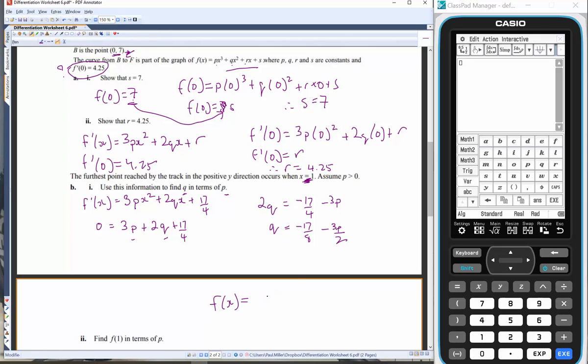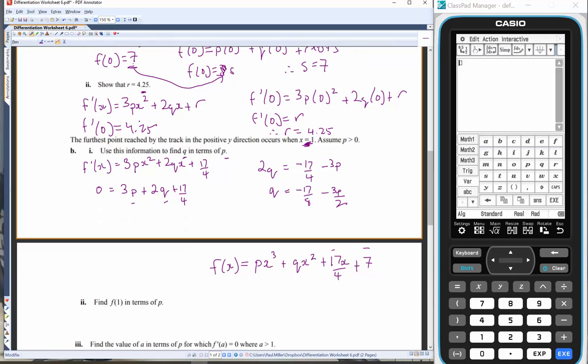So you'll be able to just look straight across or slightly to the left and you should see your function. px cubed plus qx squared plus 17x on 4 because I've worked out what r is, plus 7. Okay, so I know what r and s is. They've given me that information previously. So we need to find f of 1 in terms of p.